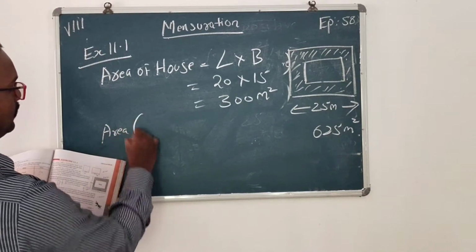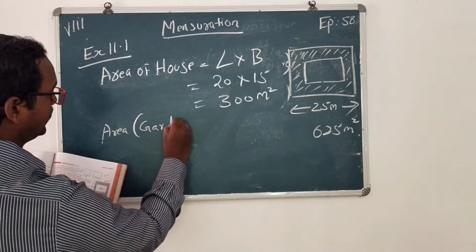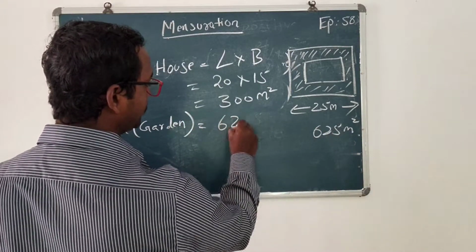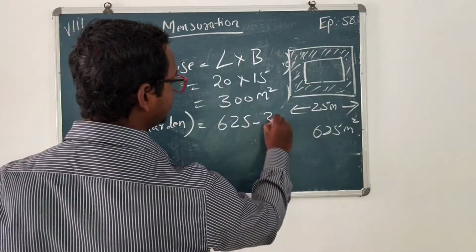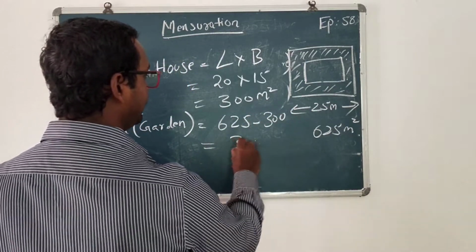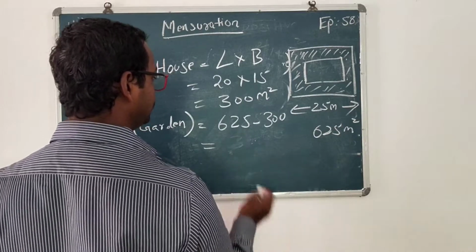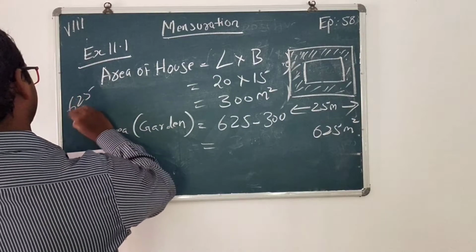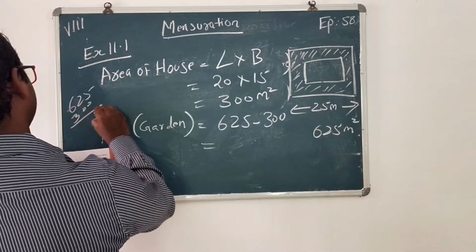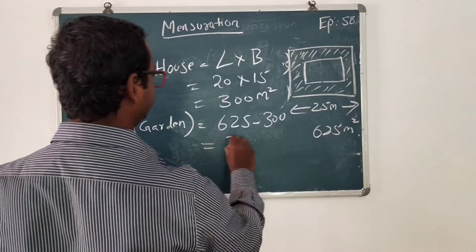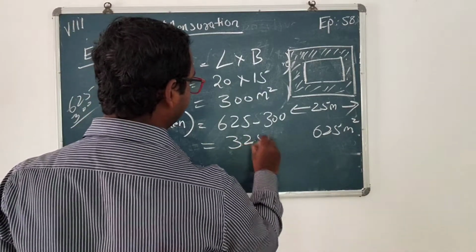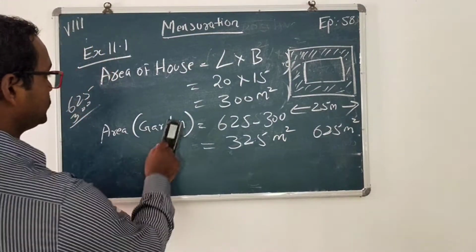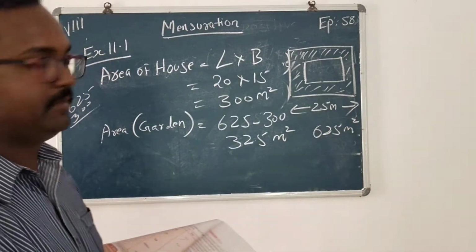Area of garden is equal to area of the plot, which is 625, minus area of the house, which is 300. 625 minus 300 is 325 meters square. So the area of the entire garden is 325 meters square.